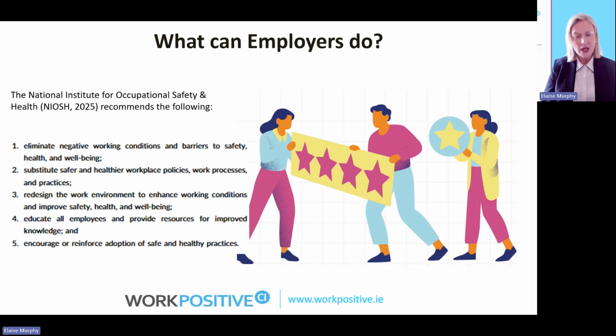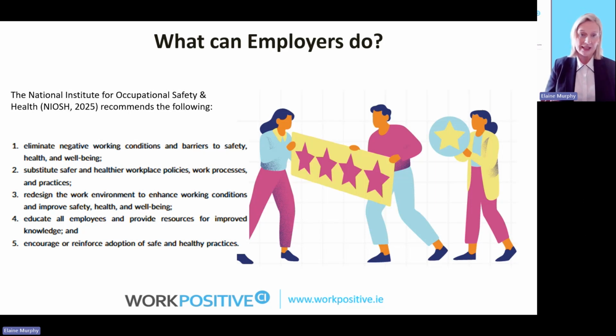Number 4 speaks to educating all employees and provide resources for improved knowledge. So again, that comes back to conduct regular safety and training workshops, and workshops again that are highlighted as key important things for your employees. You might do an employee survey and they identify that they'd like a workshop on reduction of stress management.